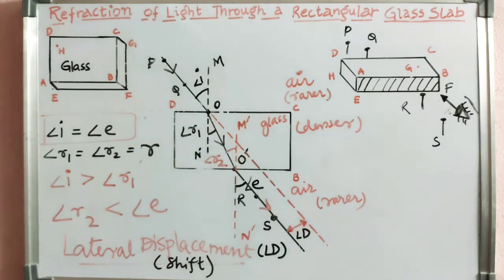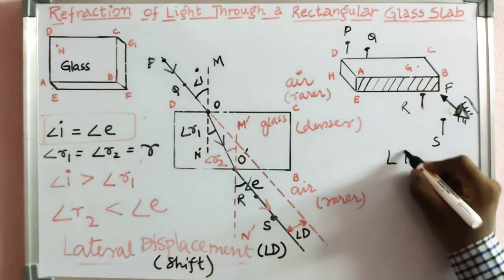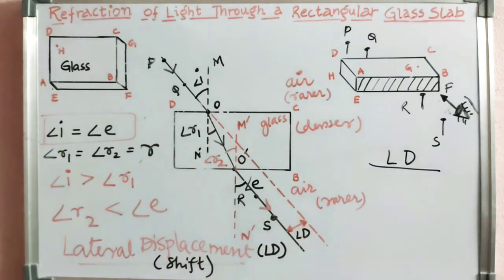Let me explain the factors. I suppose the activity which I have shown here is clear. If it is not clear, please let me know at what point it is not clear so that I can make it better. So I am writing here the factors on which lateral displacement depends.